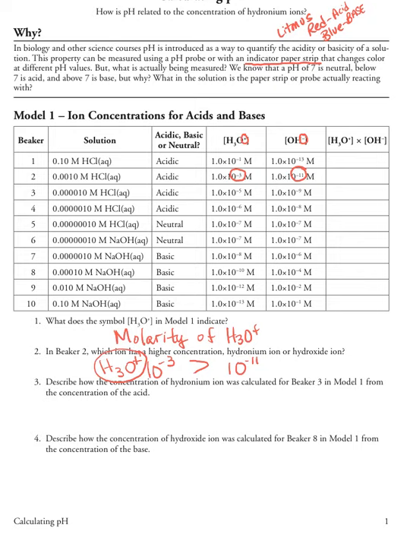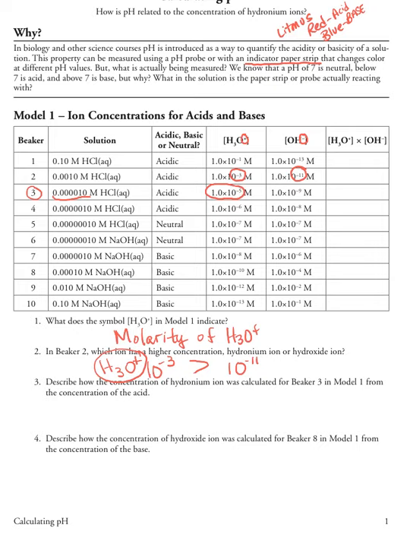Number 3, describe how the concentration of hydronium ion was calculated for beaker 3 in Model 1 from the concentration of the acid. So let's look at beaker 3. What's the concentration? 0.000010. And there you have the hydronium ion concentration, which is 1.0 times 10 to the negative fifth.